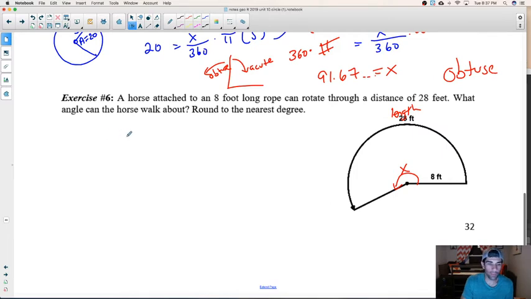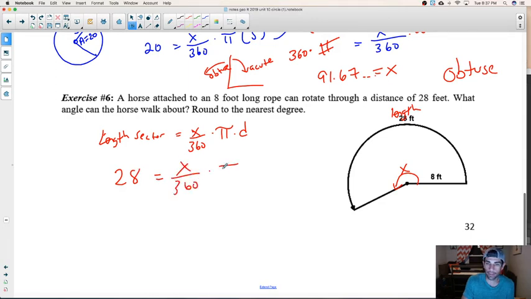So I am going to be using the circumference, or the length of the sector, which is going to be x over 360, that's the central angle, times pi times diameter. So the length is 28, and the diameter is going to be 16 because the radius is 8.